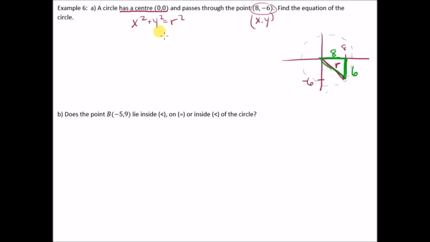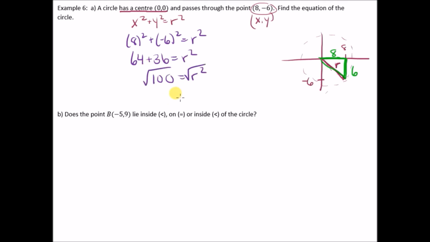So let's just sub in 8 squared plus negative 6 squared equals r squared. 64 plus 36 equals r squared. 100 equals r squared. Root both sides, and we get 10 equals r.